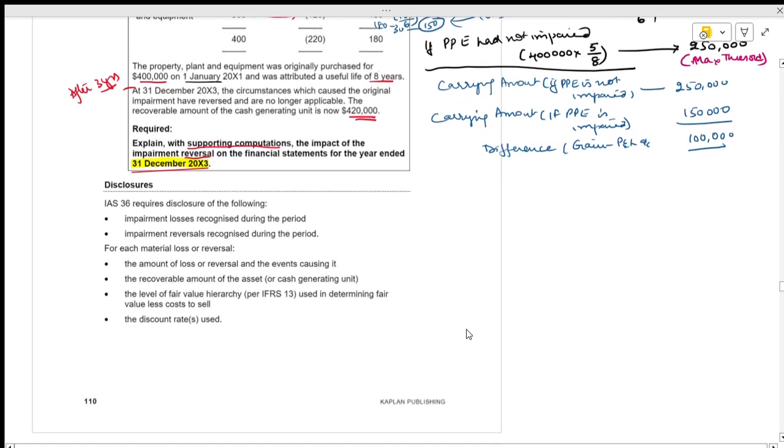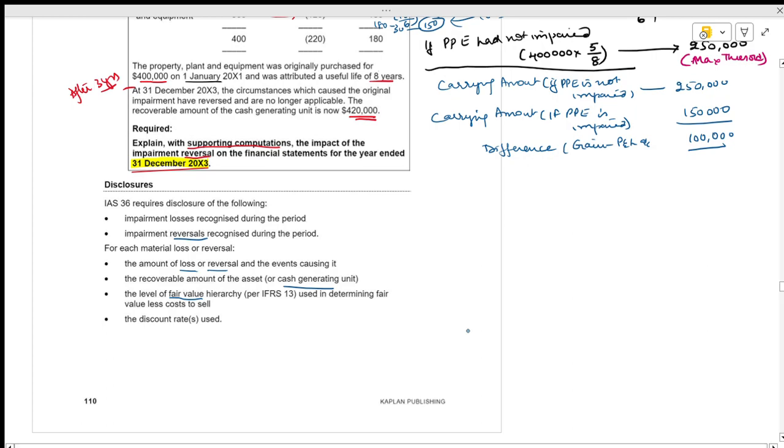We should know how the gain or loss is to be treated, as we have done with respect to disclosures. Impairment losses recognized during the period we have to disclose. Any reversals we have done, we have to disclose. What is the amount of loss or reversals, in the events the recoverable amount of the asset, in terms of cash generating units, and most importantly the fair value hierarchy.